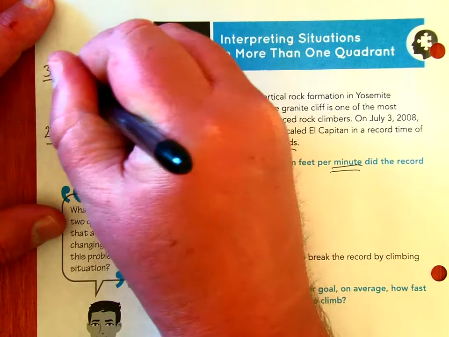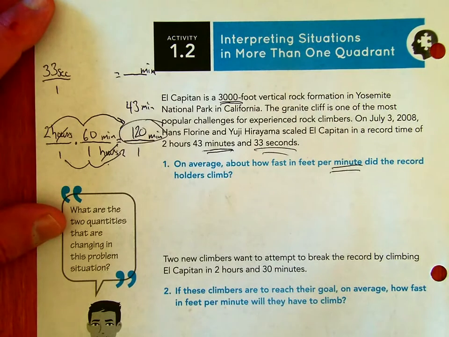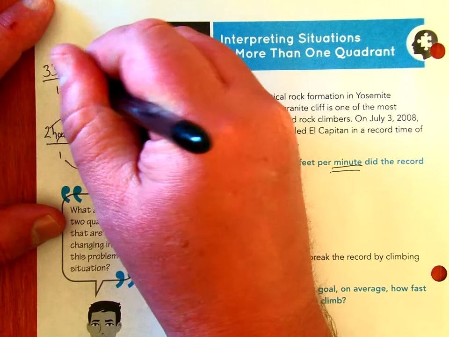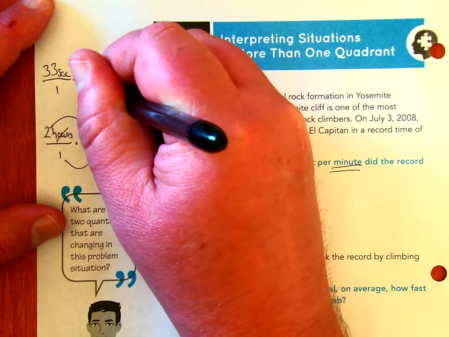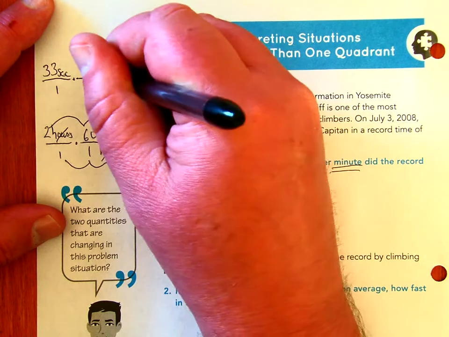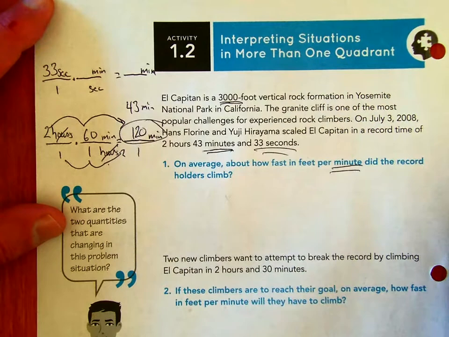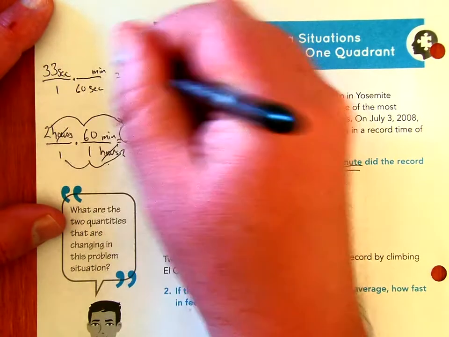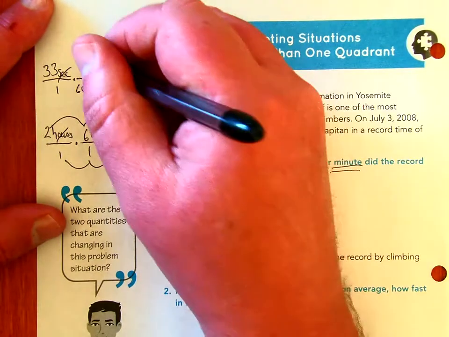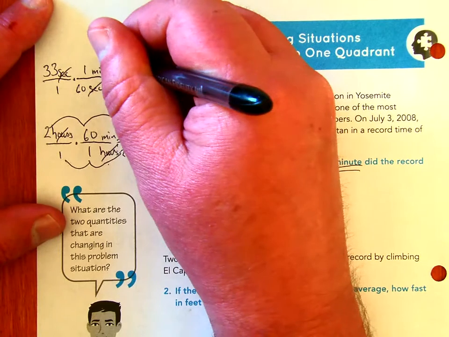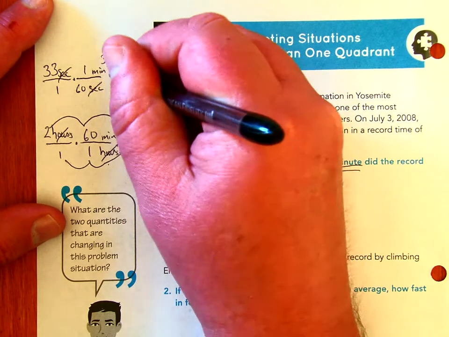Well, I'm going to put 33 seconds over 1. That doesn't change the value. Seconds are in the numerator, so I'm going to put seconds down here in the denominator, and the unit I'm after is minutes, so I'm going to put that in the numerator. There's 60 seconds in 1 minute. These cross-cancel, so I'm going to end up with 33 over 60.